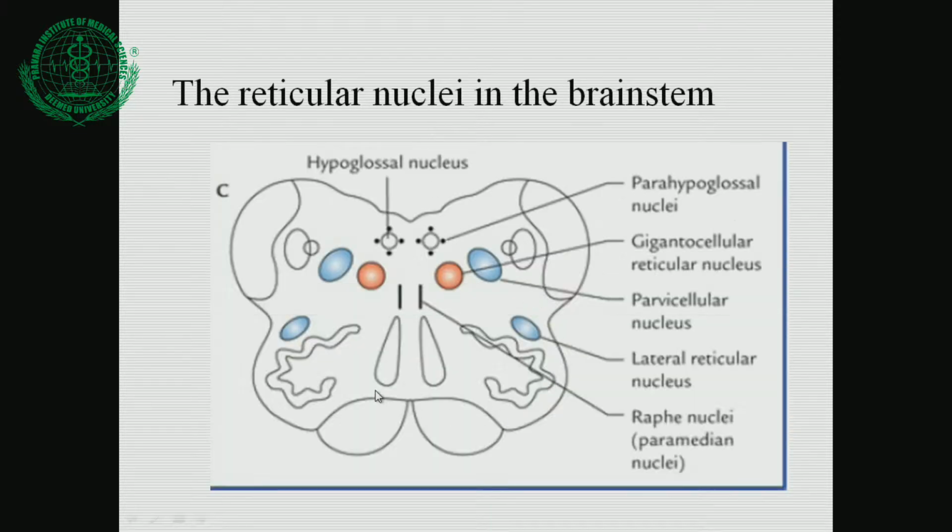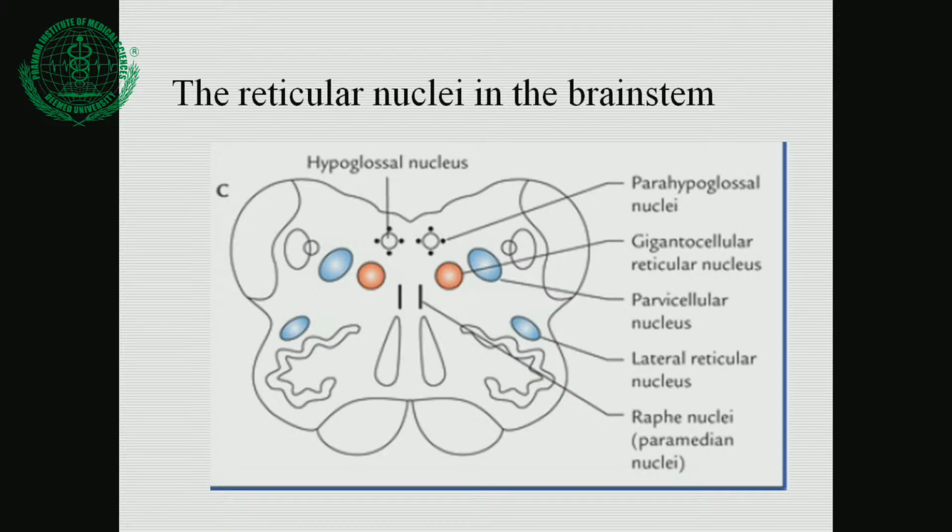This one is the medulla oblongata, and which are the nuclei there? Gigantocellular reticular nucleus, parvicellular nucleus, lateral reticular nucleus, and a few smaller nuclei, the parahypoglossal nuclei. So these are the reticular nuclei in the brainstem.